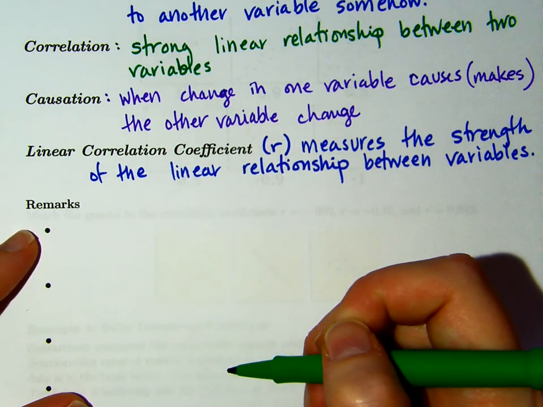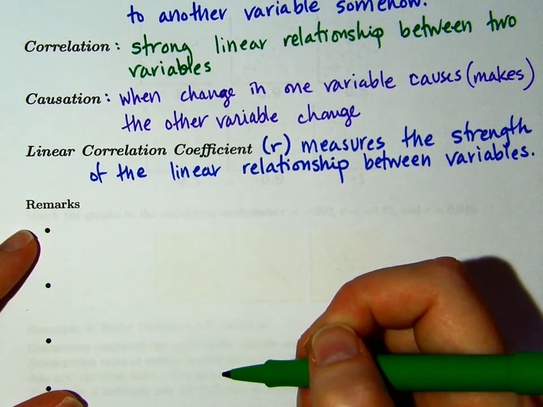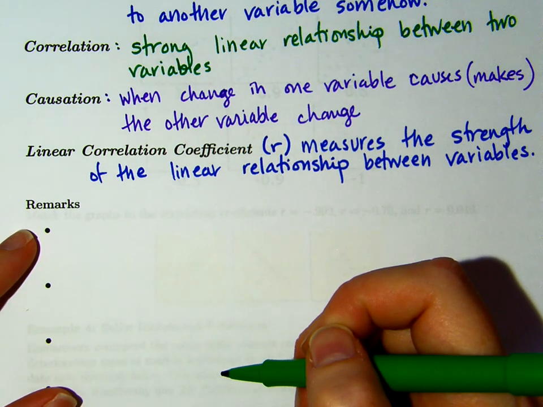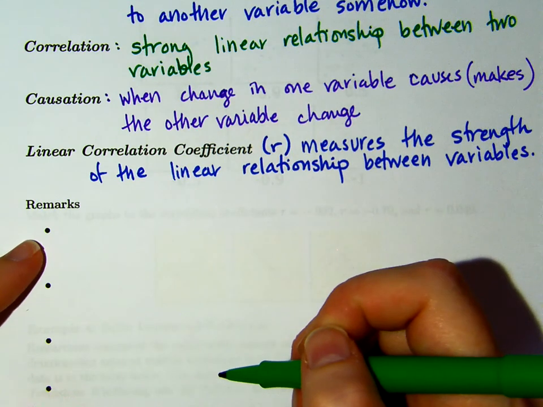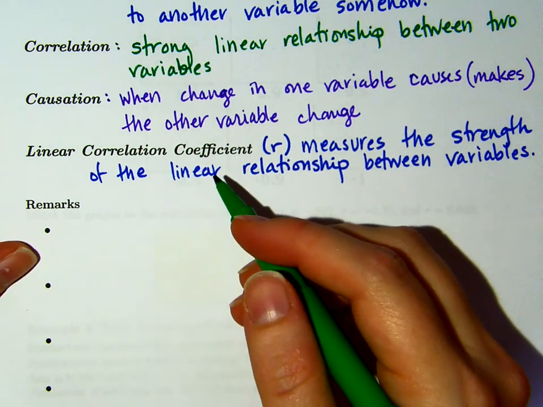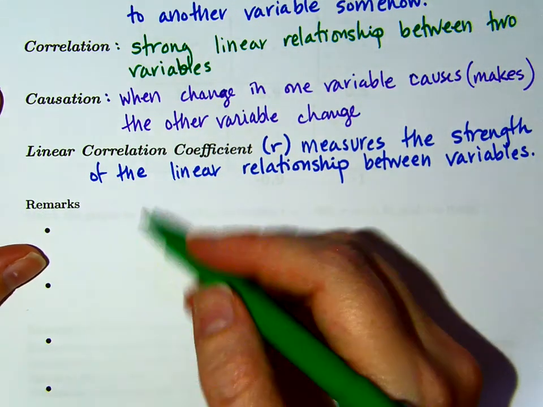One, best fit lines will always have some amount of error unless the data forms a perfect line, which is very rare. There's always flaws in data.